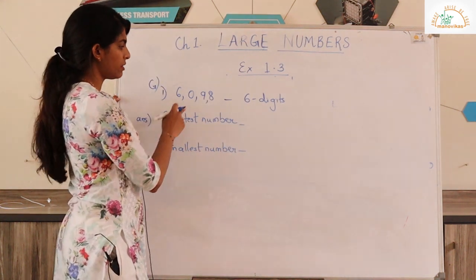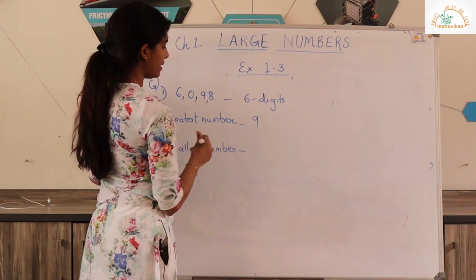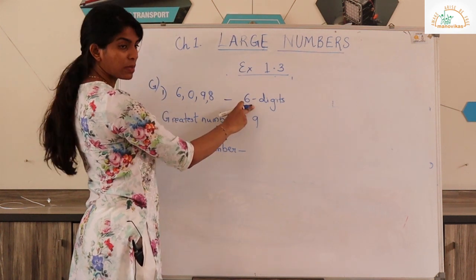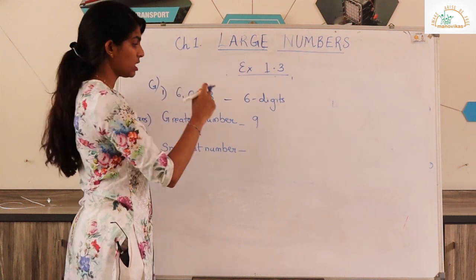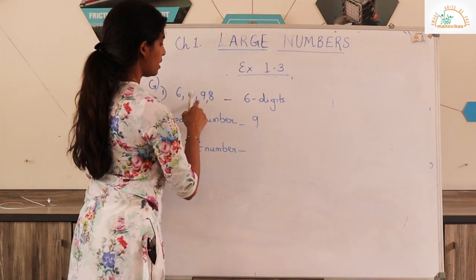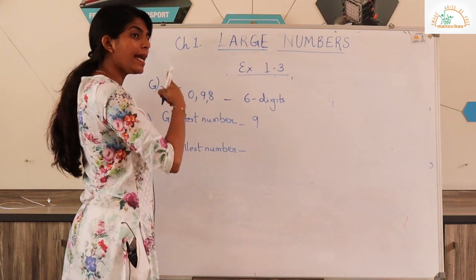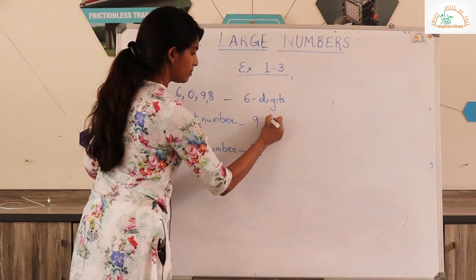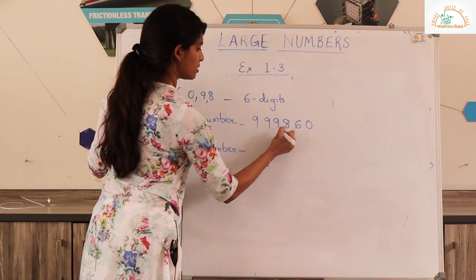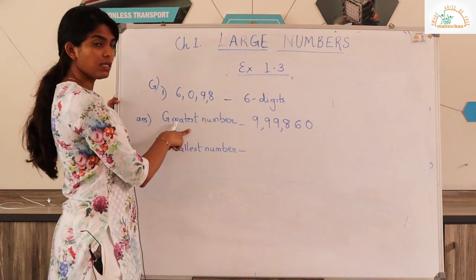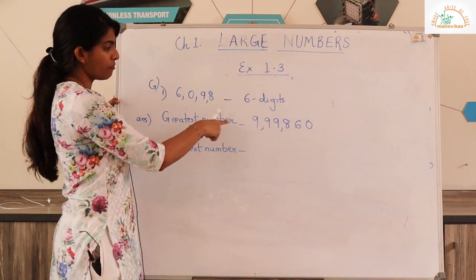To write the greatest number, we have to start with the greatest digit, that is 9. Now we have to make 6 digits and we have only 4 digits. That means we have to add 2 more digits. So I write 9, and again I add 2 more 9s. Then 8, 6, 0. So this is the greatest number.